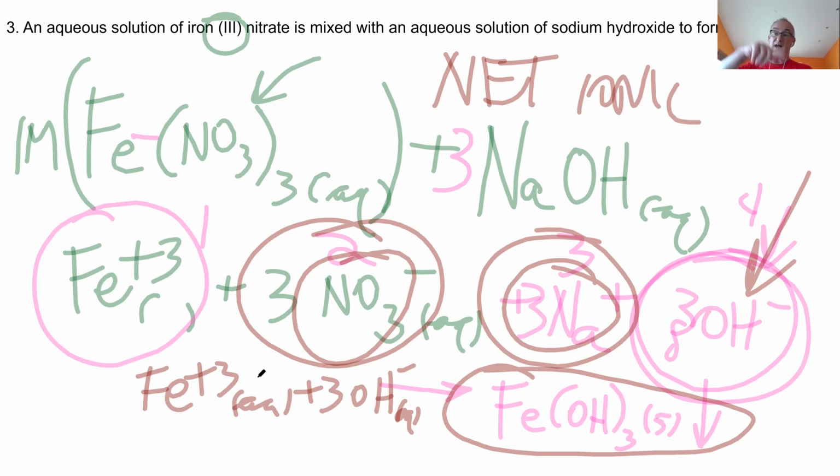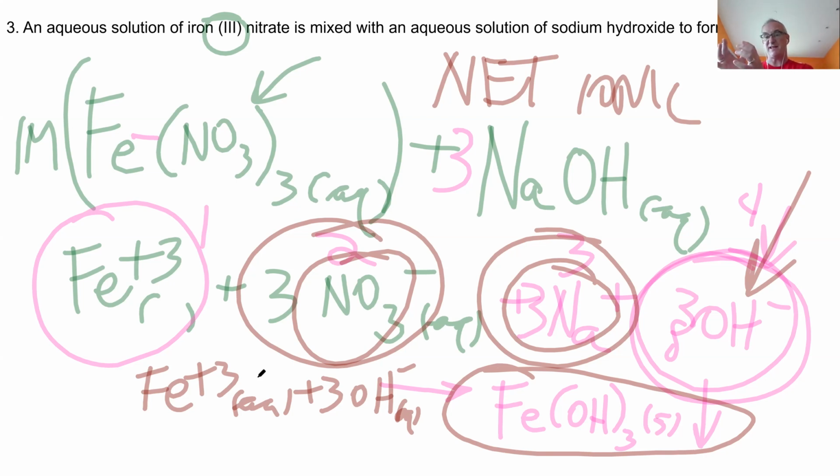So I want you to do the other one the same way, the same way we did it here. If you have a solution of an ionic compound, you immediately know all of it has become ions. So your job is to figure out what ions it makes and how many. Figure out what the product is going to be, that turns into a solid. And then figure out what ions that were there at the beginning are still going to be there at the end.